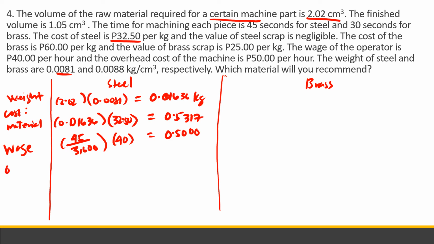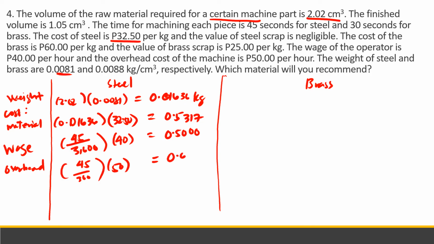So for the overhead cost, merong 45 over 3,600 times 50 pesos per hour.